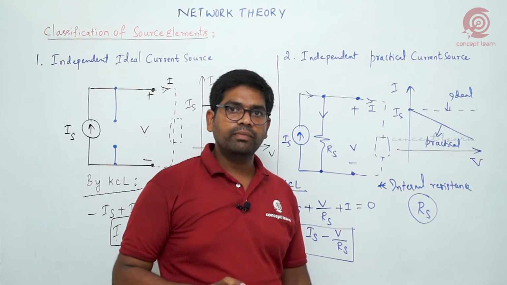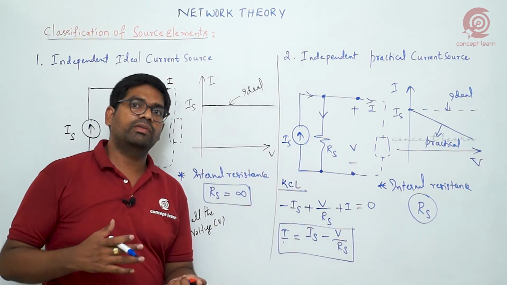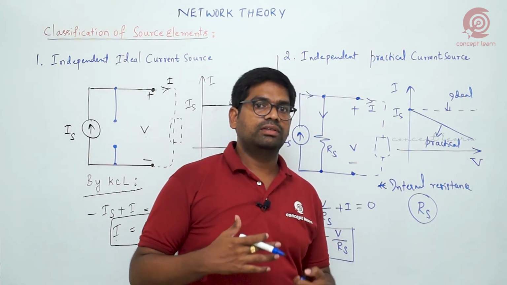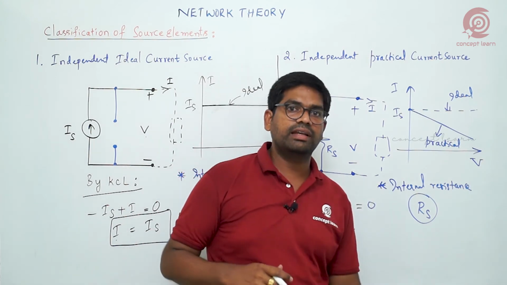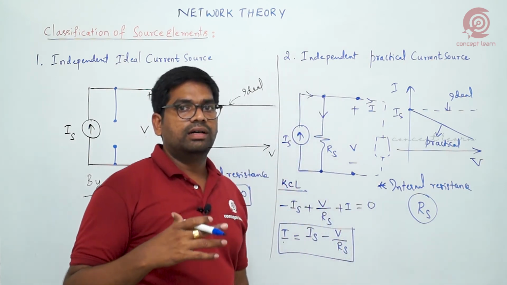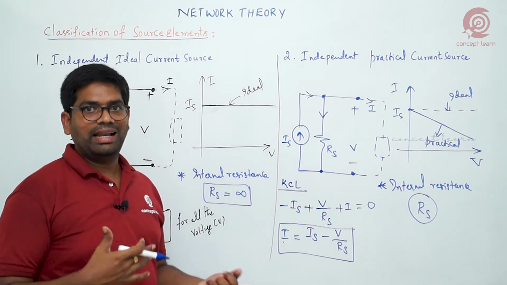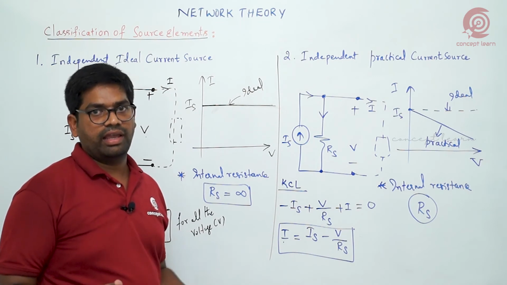And one more thing, you can find the relations between voltage and current, linear or non-linear category. That is the reason why we are naming them active elements. Active elements, but bilateral, because these can allow current in either direction.